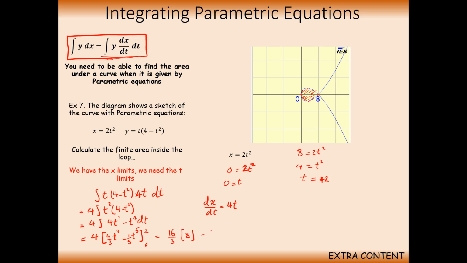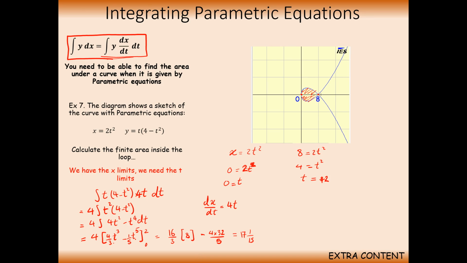And then we'll have 2 to the power of 5, which is 32. We will have 4 times 32 over 5. And when we substitute 0, we will subtract 0, so that doesn't change the equation. So what's the final answer? Okay, the answer is 17 and 1/15th, but there's one important fact that I forgot to mention.